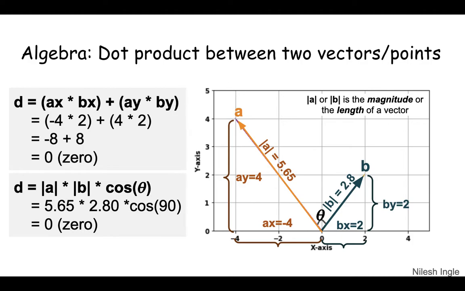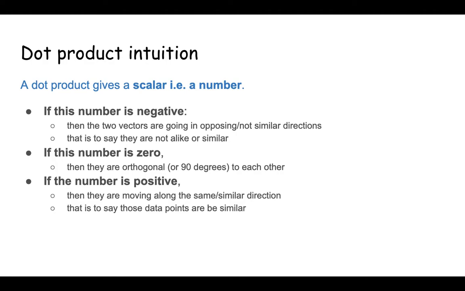Now, similar to this, if we had another set of data points, which we'll see in the next few slides, the numbers could be negative. What a negative number tells us is that the vectors are moving in opposing directions, and if they are doing that, then it could also mean that they are not similar.